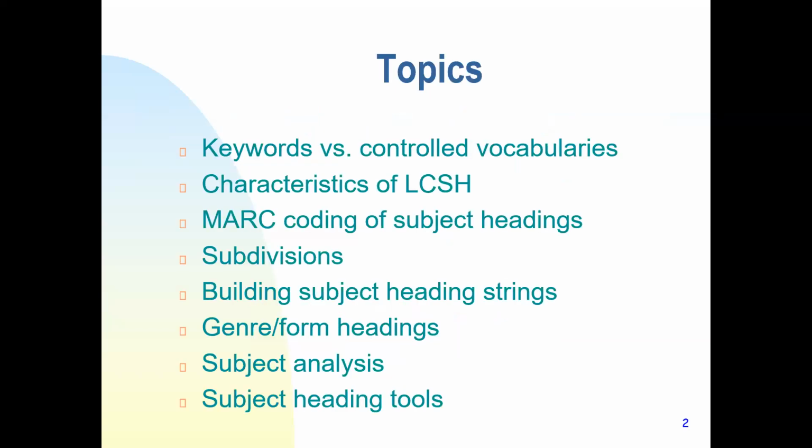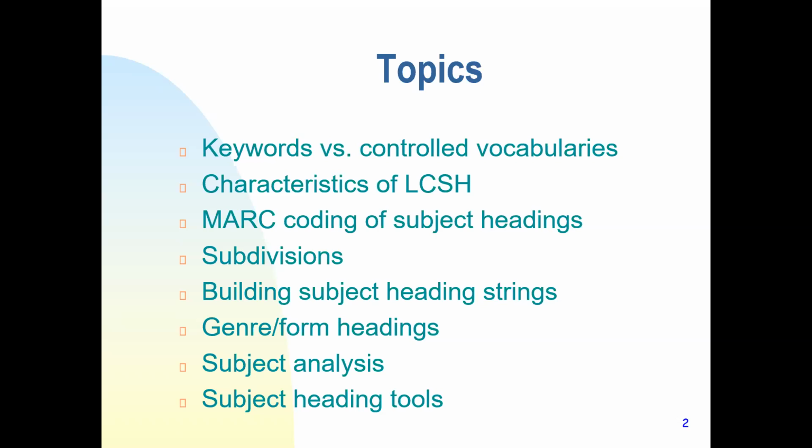These are the topics that we're going to be talking about today. We'll talk about what a resource is about and how we assign subject terms. We'll also look at the MARC coding of subject headings, both in the bib record and in the authority record.